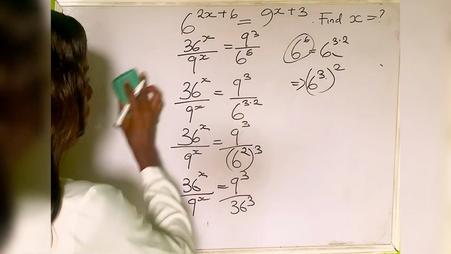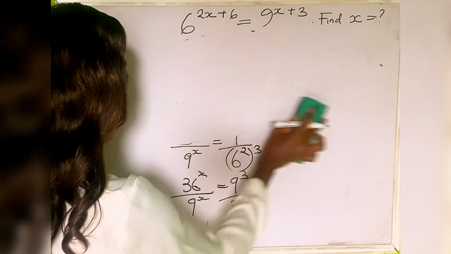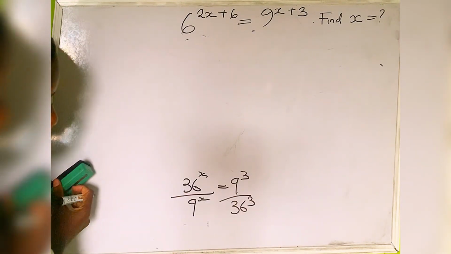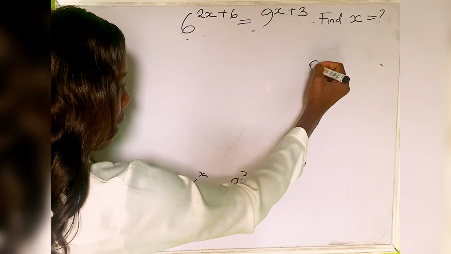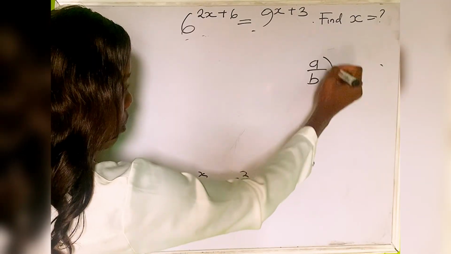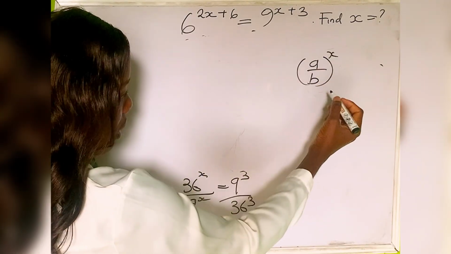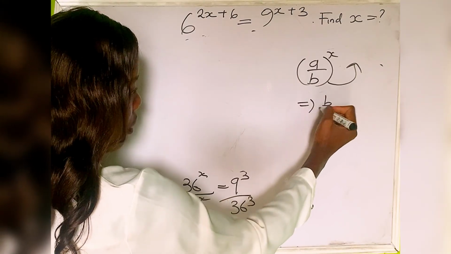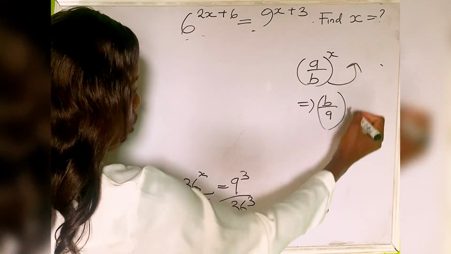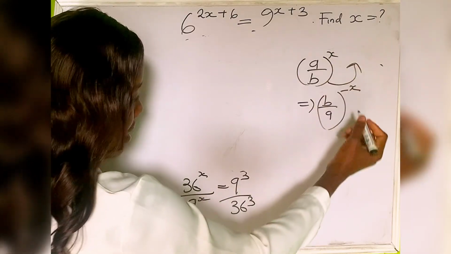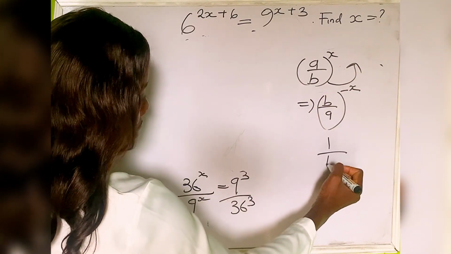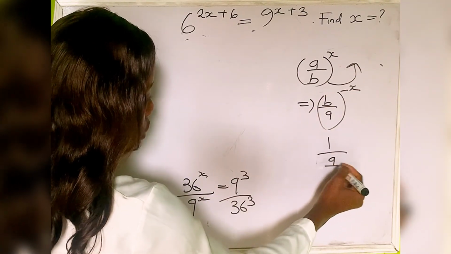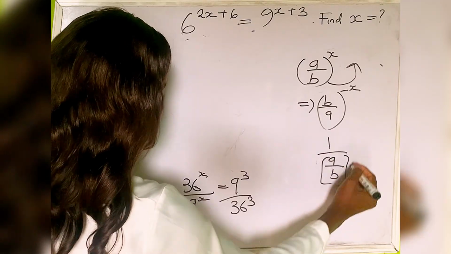Now the next thing, we'll be applying another exponential rule. When you have something like a over b raised to the power x, we can invert it and it becomes b over a raised to the power minus x. And this simply means 1 over a over b raised to the power x.